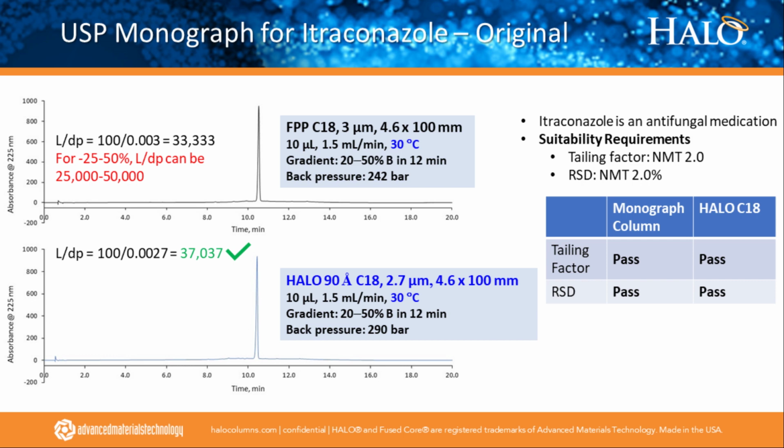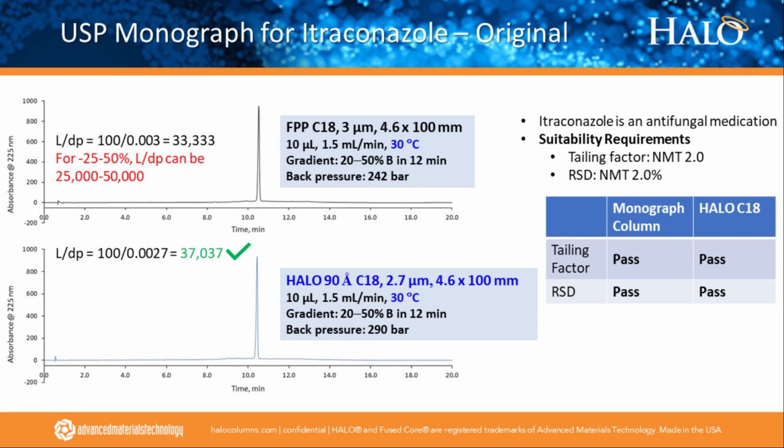My hyphen for the gradient turned into a funny symbol here, but that should be 20 to 50% B in 12 minutes. You can see, again, we're meeting that L to DP ratio range since we're at 37,037.